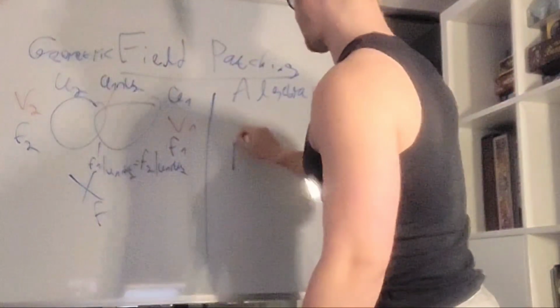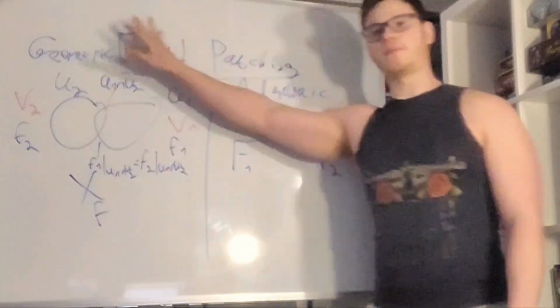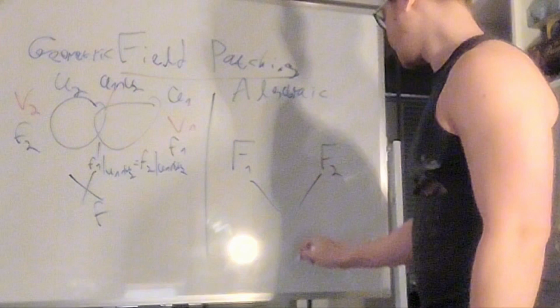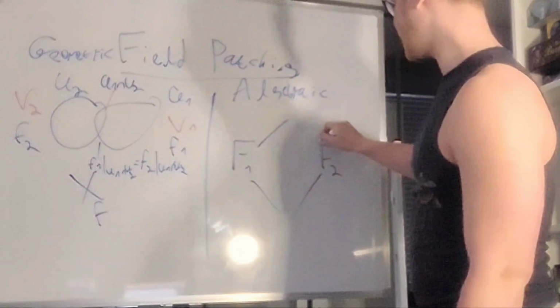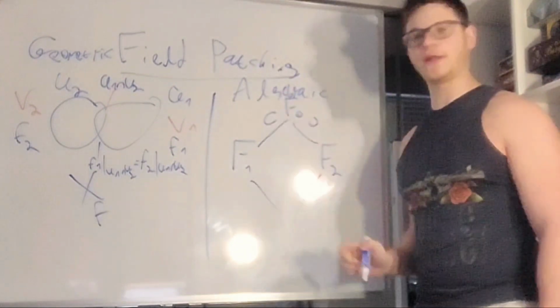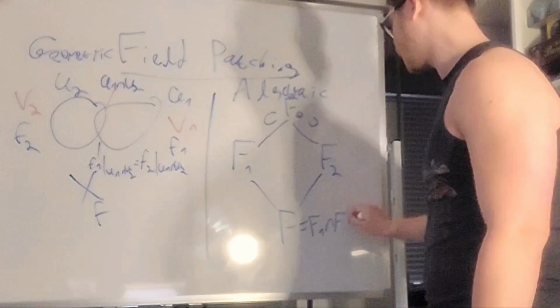So suppose that I have two fields. It's what's called field patching, but actually we can do it over more general objects as well. Suppose I have two fields, F1 and F2, and they are both contained in some larger field, and then I have F, which is the intersection of F1 and F2.